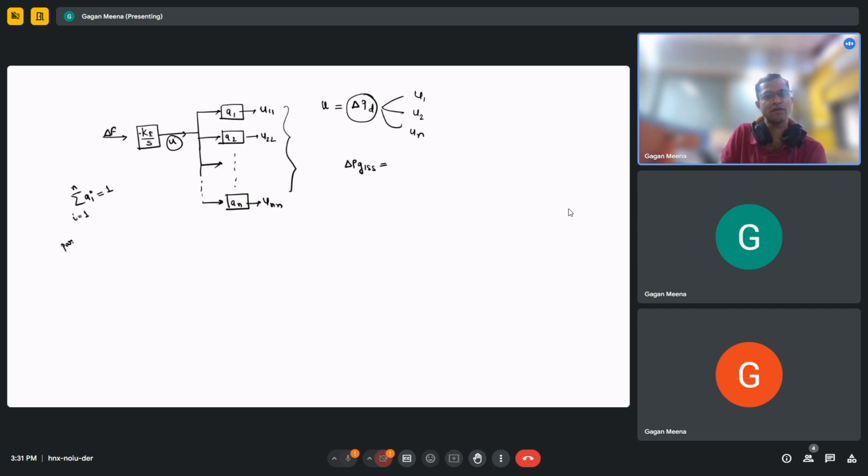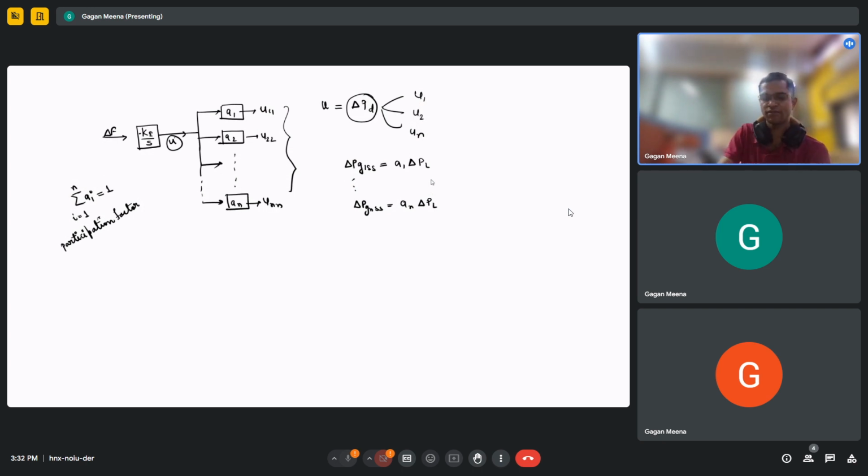So Pg1 SS is A1 into delta PL, and so on up to PgN SS equals AN into delta PL. So load is shared, and it is proportionate to the unit's rating.